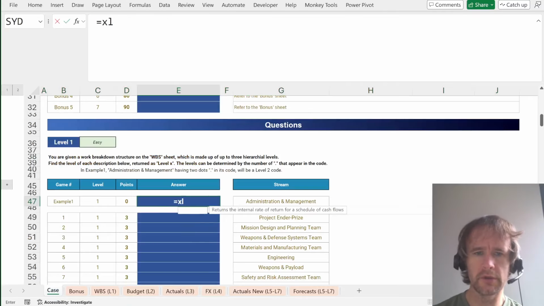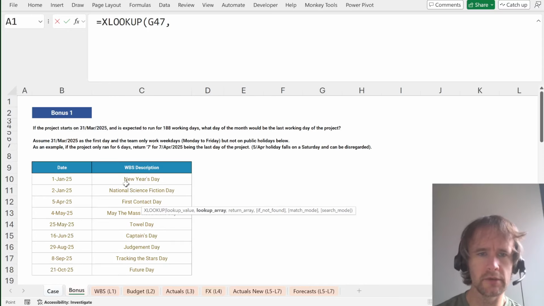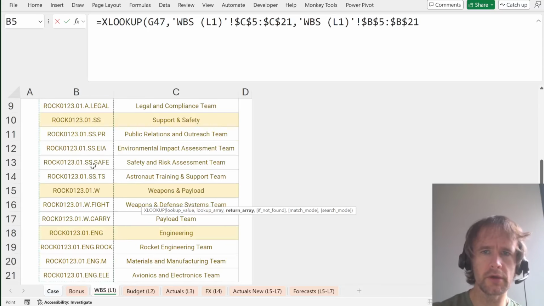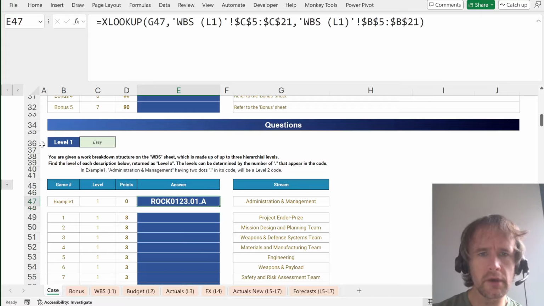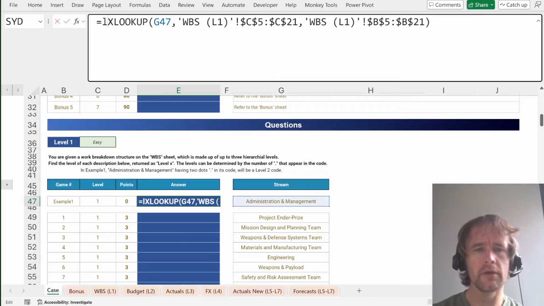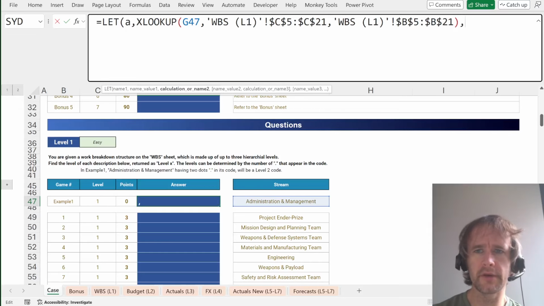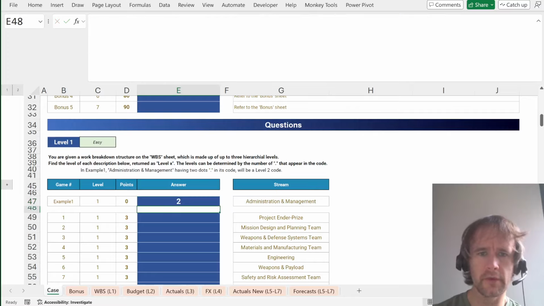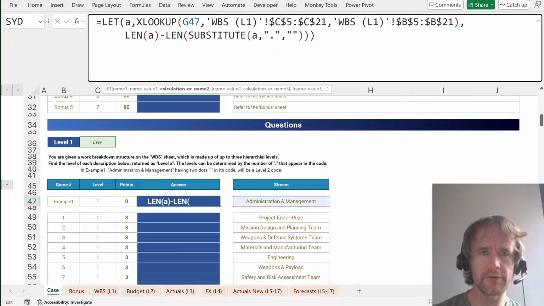So we'll look up this in this lock, returning from this lock, and then let A be that, and we want len of A minus len of substitute A dot to nothing. And then add the word level in front of it.